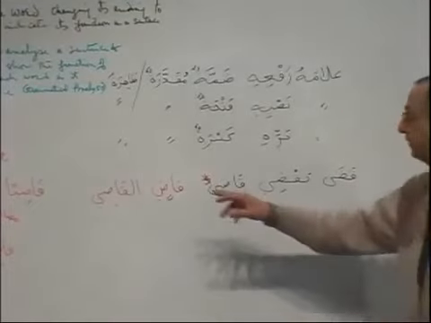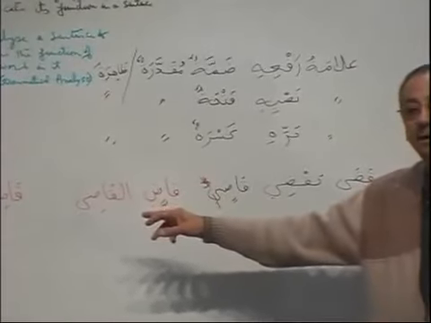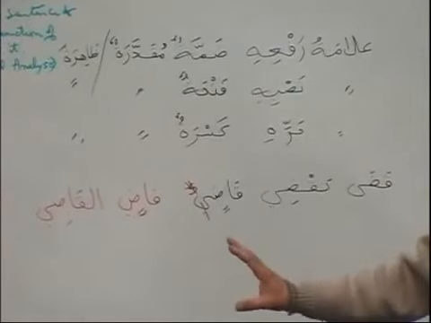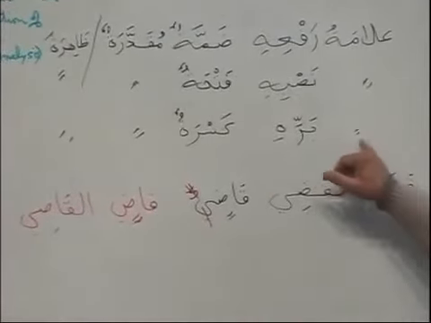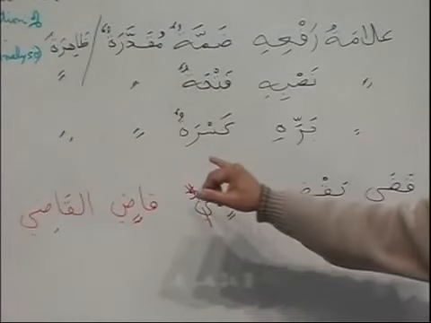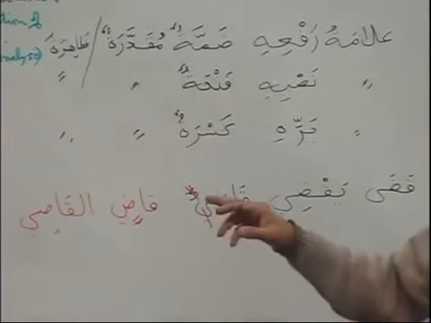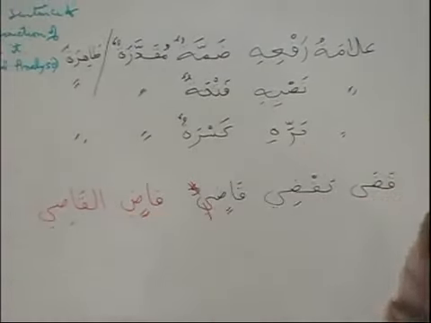And then if it is majroor, it will still remain in the same form. And then you will say alamatu jarrihi kasratun muqaddara. Okay. Now, when it is mansub, then it will be alamatu nasbihi fathatun zahira.